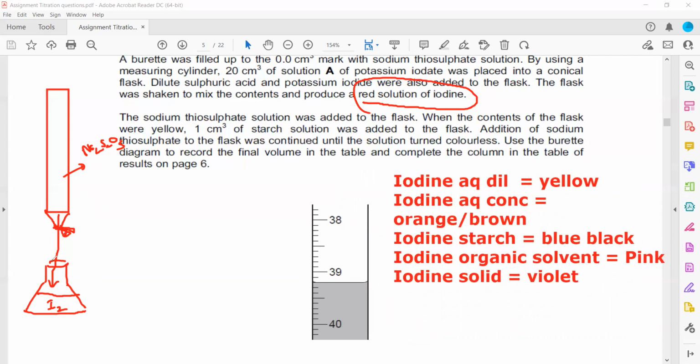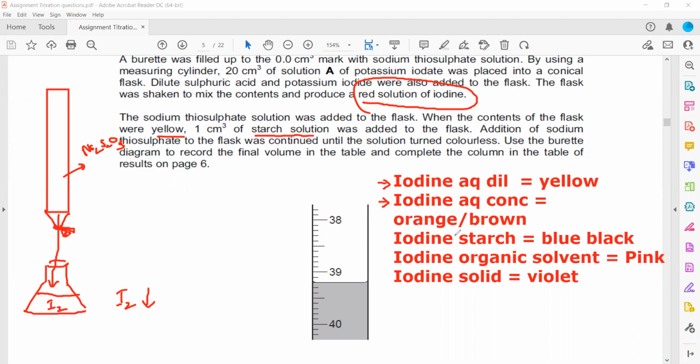But when we add thiosulfate from the burette, the iodine concentration starts to decrease. That's why when thiosulfate was added, the contents of the flask were yellow. So why did the contents of the flask turn yellow? Because initially we had more iodine, but the amount of iodine started to decrease, so it became yellow. And then we add starch as an indicator.